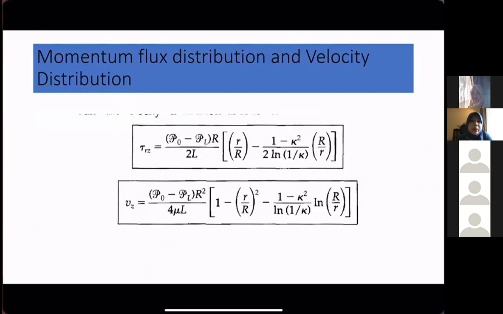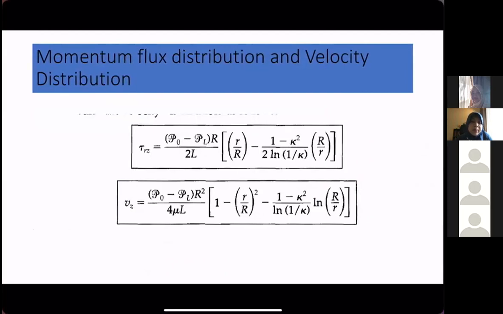Okay, I really strongly suggest for you to try by yourself to do it, because usually the constraint in the exam is the time is actually quite limited. For example, 2 hours for 2 problems. So to obtain this one up to the momentum flux distribution and velocity distribution is maybe around 50 minutes.